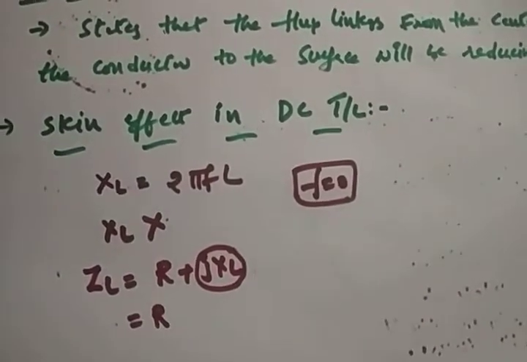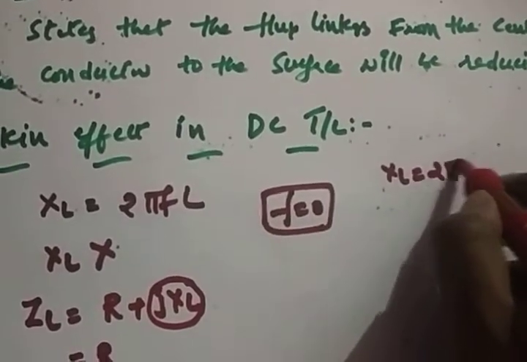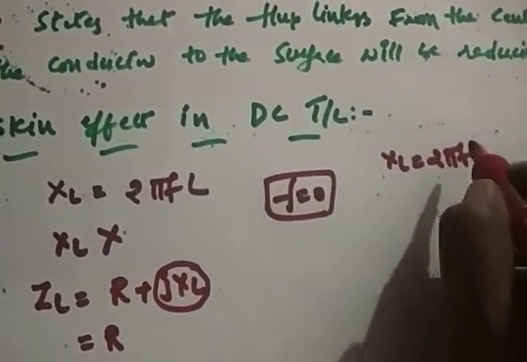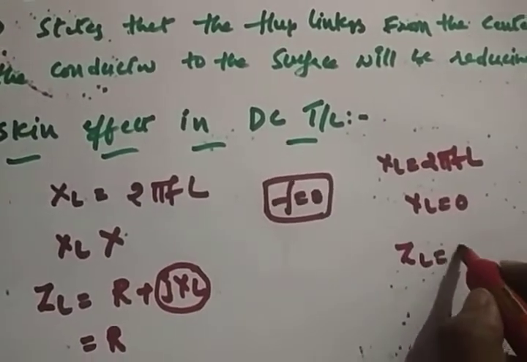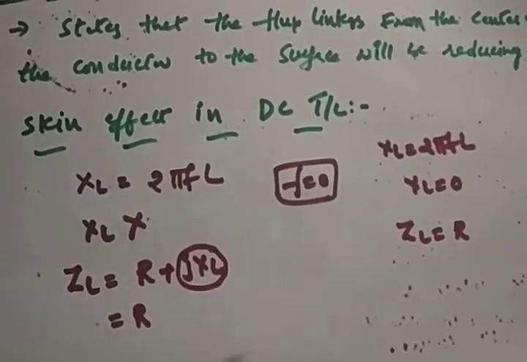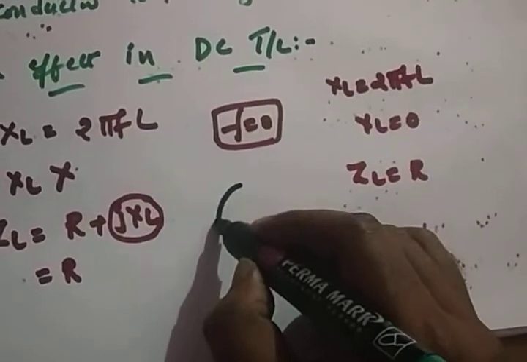R. If at the surface of the conductor XL is also 2 pi FL, is there any frequency? XL is equal to 0. So ZL is equal to the R value. So in DC lines, how will it be? We'll see.